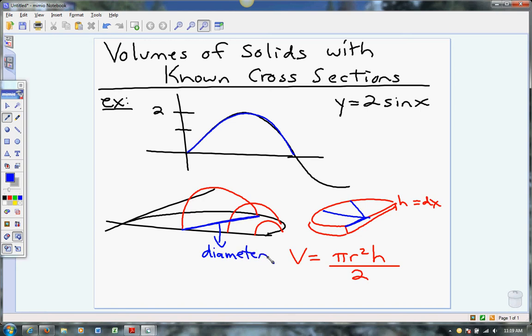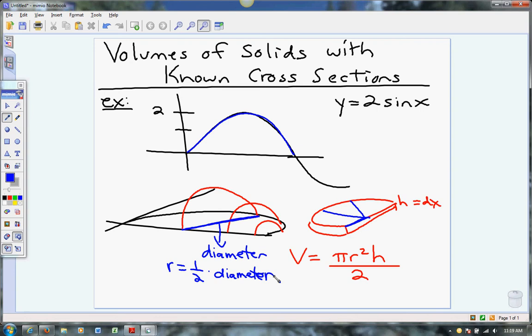So isn't the radius half of the diameter? And isn't the diameter the function value?